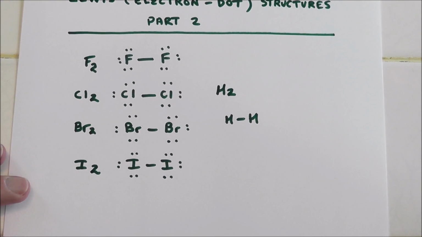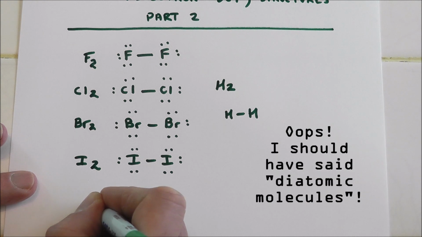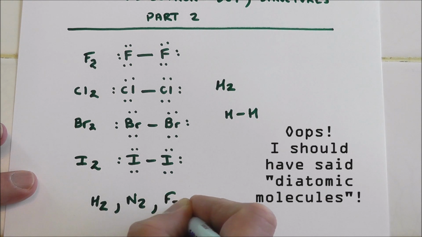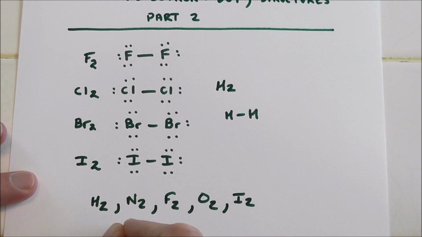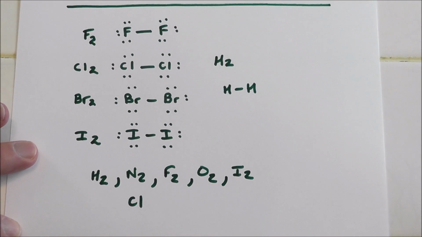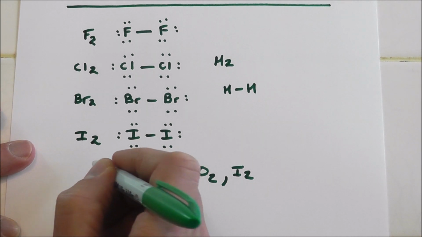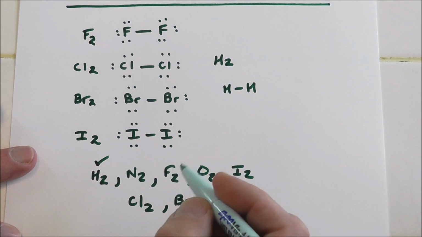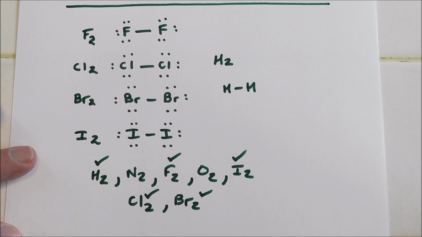By the way, if you ever need a quick memorization of which nonmetal elements occur as diatomic molecules, it's: Have No Fear Of Ice Cold Beer. And you can substitute berries or something if you don't like the thought of beer. I like the thought. Okay, so then we've talked about that one, that one, that one. We've got 2 more to explain.